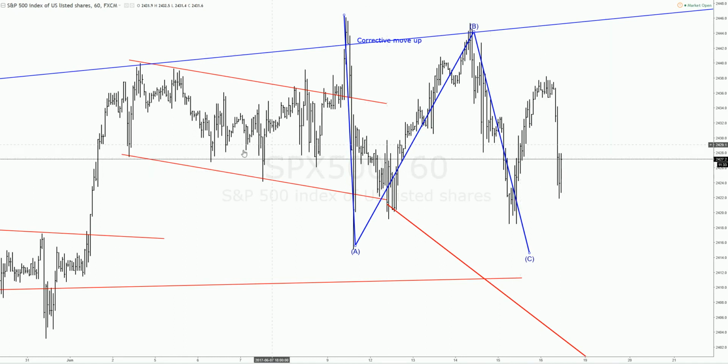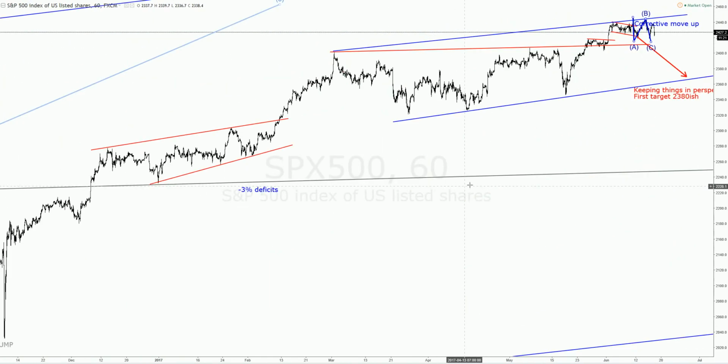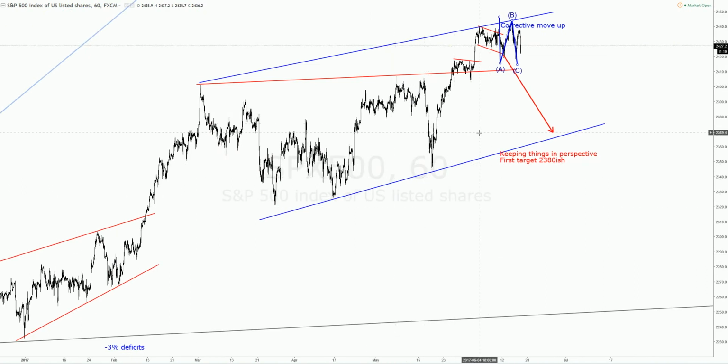If we go back at this price level to here, it is where we were January 1st. So nothing really has occurred. But when you look at the overall structure, which is a flag, it will be a 1, a 2, and then a 3.